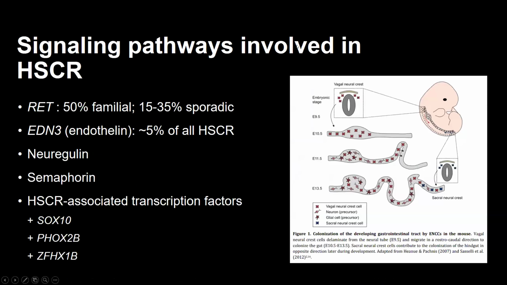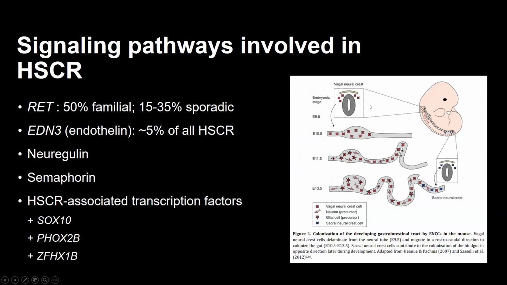The signaling pathways are very complex, and I'm just highlighting here the number of genes involved in the development of your colon. Therefore, if there are issues with those genes, either as a germline or sporadically, then you will end up with Hirschsprung disease.